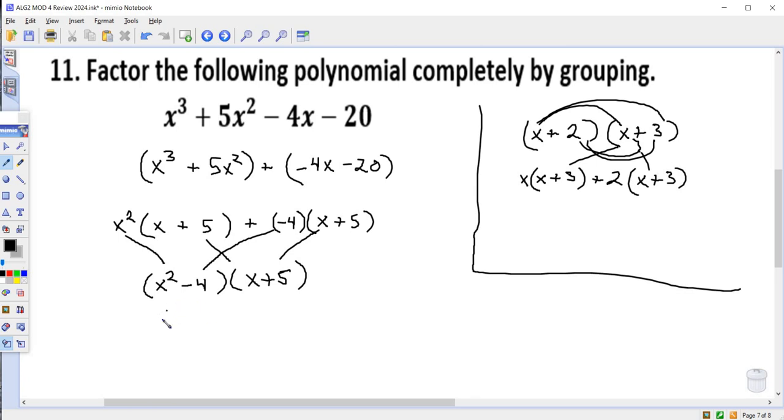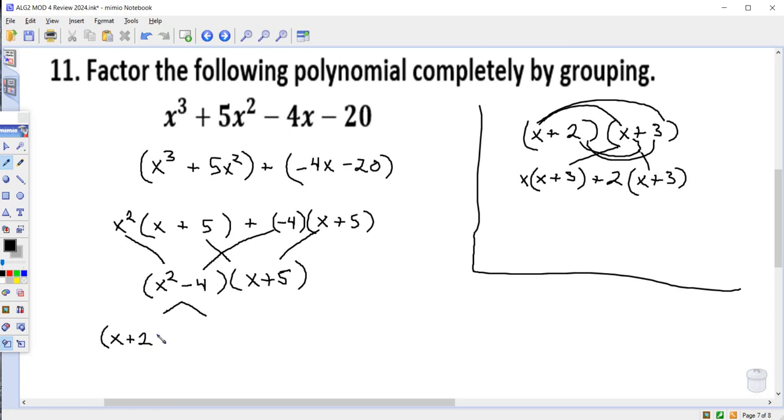Because it's not factored completely yet, because I can factor this x squared minus 4, and you might remember that as a difference of squares. You have the square root of the first term, square root of the second term. Whoops, I wrote a 4, not a 2.